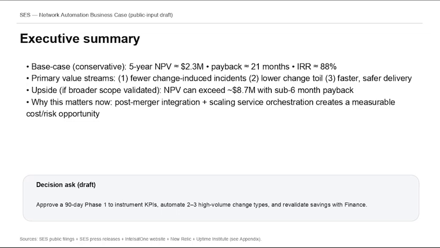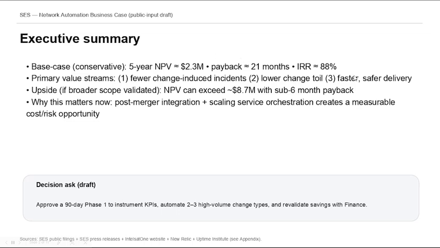I don't know, you can tell me. Of $2.3 million. You should start breaking even, getting paid around the 21-month mark, and your IRR should be approximately 88%. So what is NPV and what is IRR?